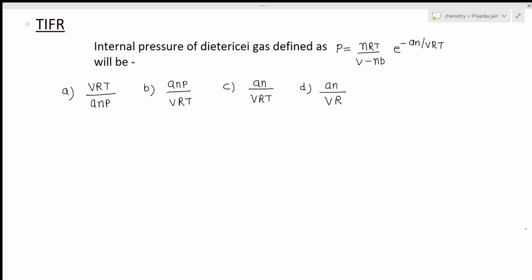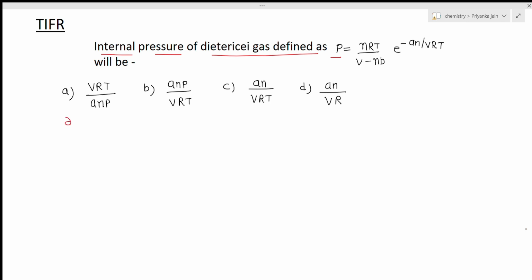See here, this question is from the paper. What is the question? Internal pressure of a Dieterici gas. We have been given the pressure value: nRT upon V minus nb, exponent of minus a n upon V R T. In this equation, you will have to find out the internal pressure.